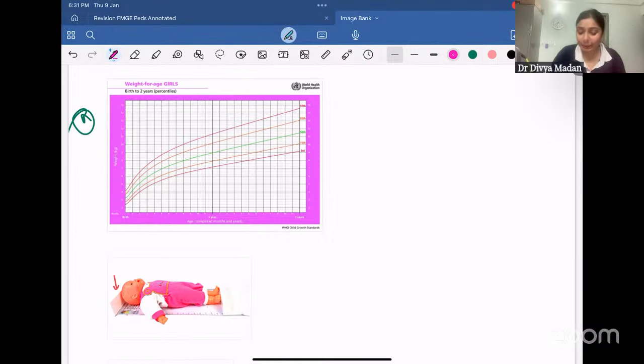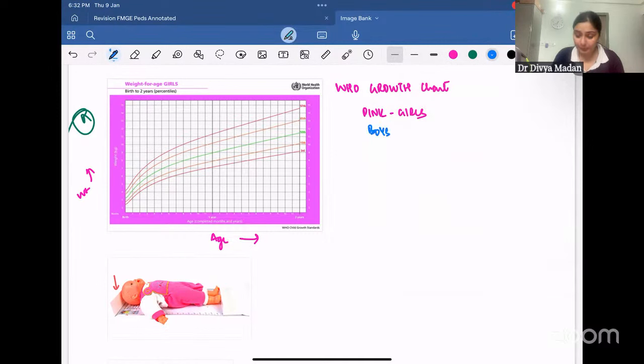Yes, it's the WHO growth chart. If a child comes to me, there's age over the x-axis and weight over the y-axis. This is a weight for age chart. It is pink, so it is for girls. For boys, the chart is of blue color.